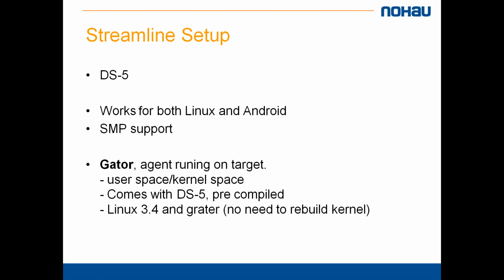It can either run in user space or in kernel space. For the demo today, I will be running in user space. This agent Gator comes with DS-5, and it's pre-compiled. If you have Linux 3.4 or greater, there is no need to rebuild your kernel to benefit from these measurements that you can do with Streamline.